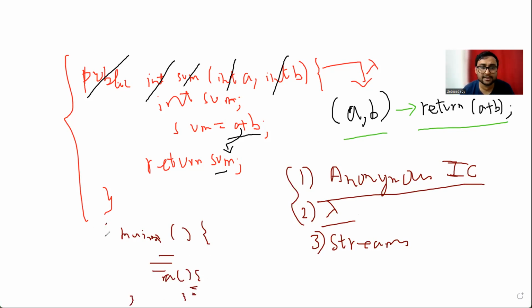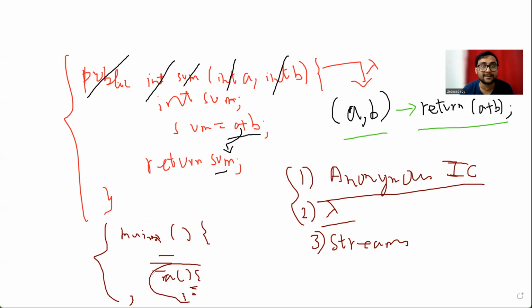Is it possible in case of Java? Can you write a separate method with declaration and body within the main method or within any other method? No, right? You can at max call a method separately from the main method, or from one method you can call another method, but you can't create a separate method with method definition and declaration within the existing method.